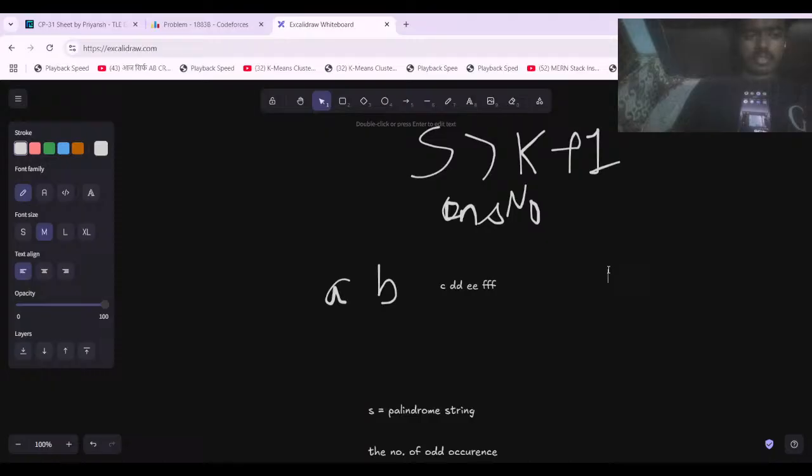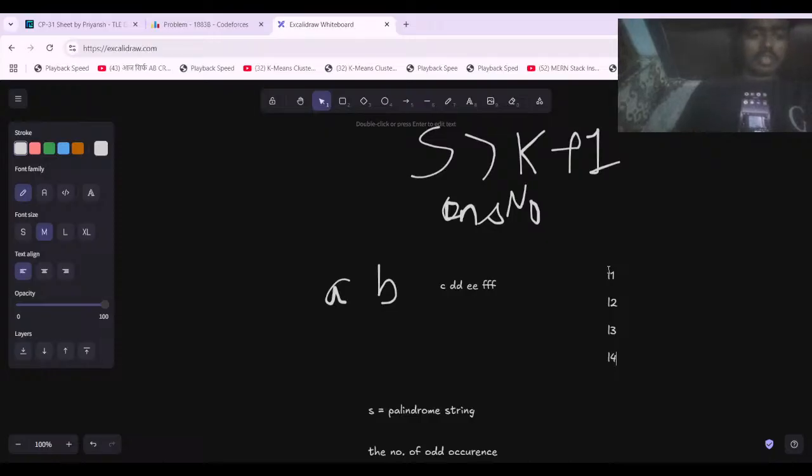Let's say the string is of even nature. That would just mean you are talking about the case right here, because there is no odd frequency coming into the picture. Let's say there are letters L1, L2, L3, L4.